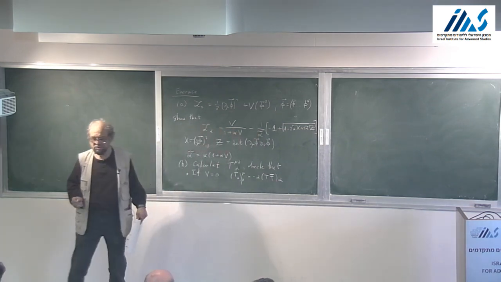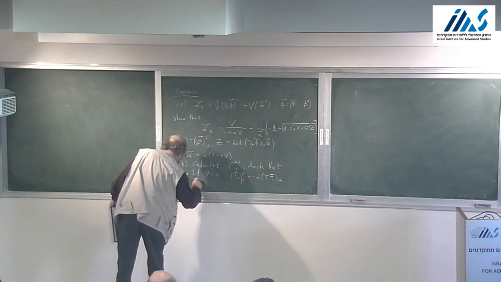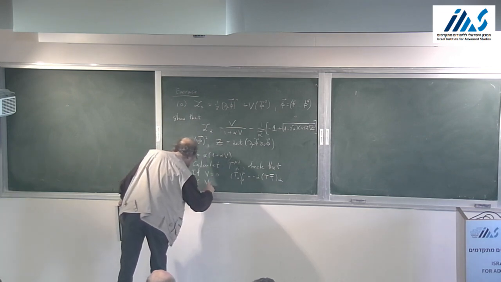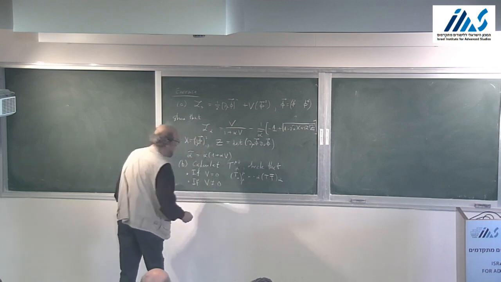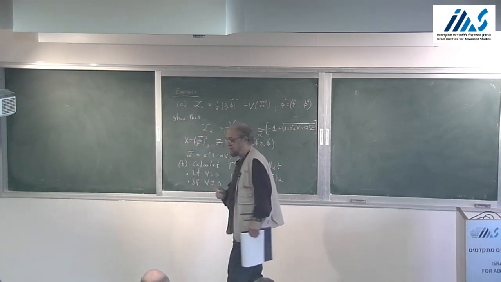Such an identity holds. And if V is not equal to 0, there are corrections to this identity.